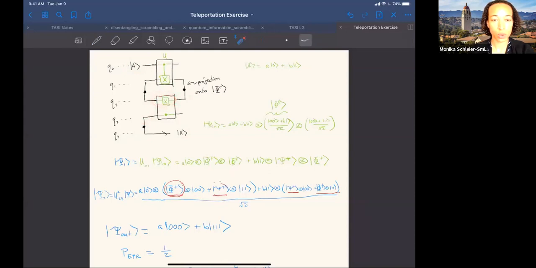So you either needed two bit flips or no bit flips, right? Right. And so in that sense, by projecting onto this EPR state, we generated some correlation between Alice's initial state and this output port.